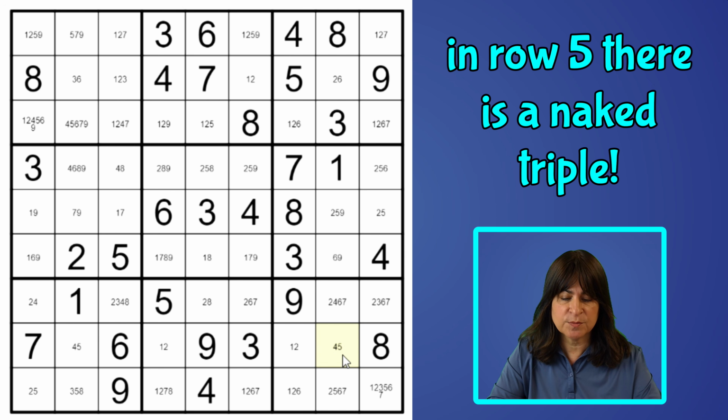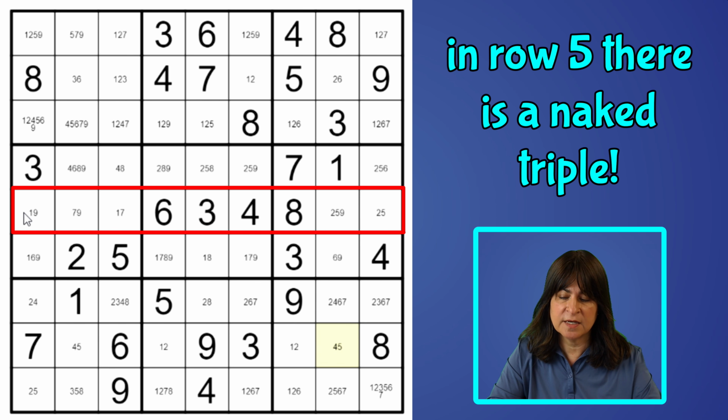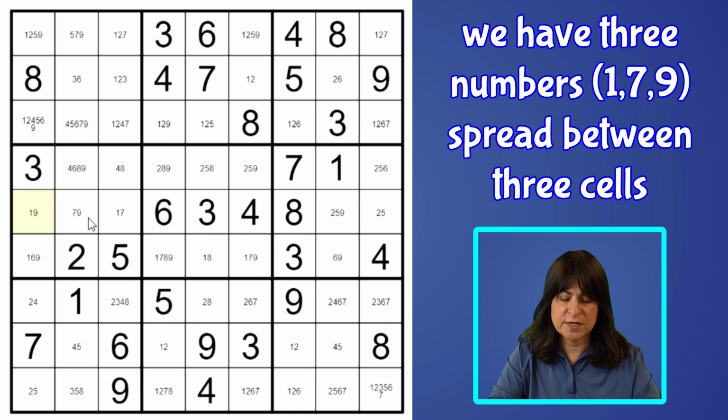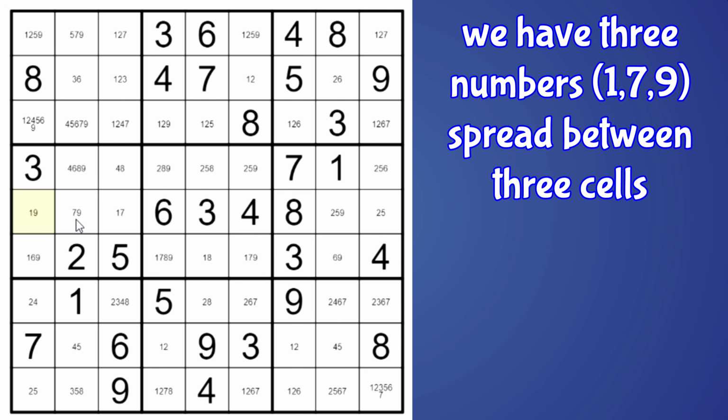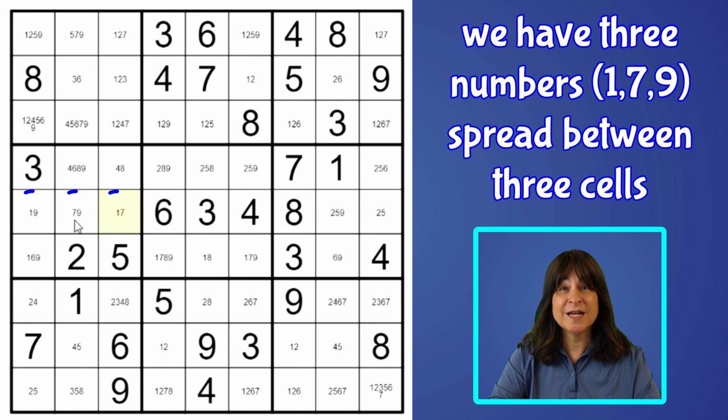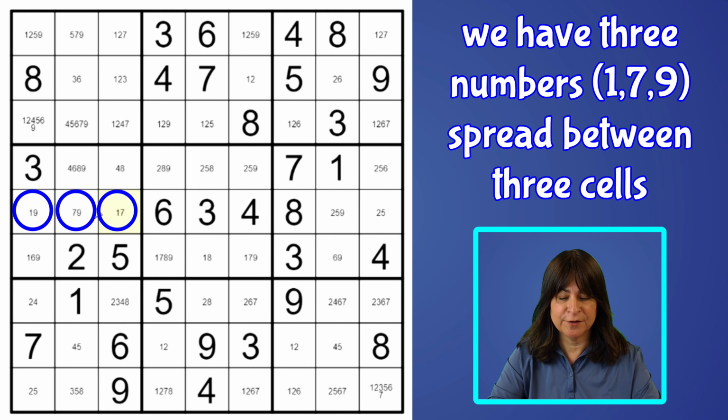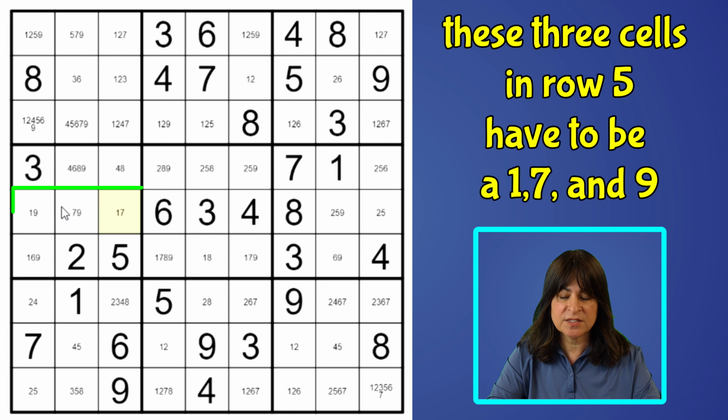So let's look around some more, and here in row 5 you can see a naked triplet here. Look at that. There are 3 numbers here and they are spread out between 3 cells. Do you see that? The 1 9, the 7 9, and the 1 7. So we have a 1 7 9 triple here, and that means that these 3 cells have to be those 3 numbers.